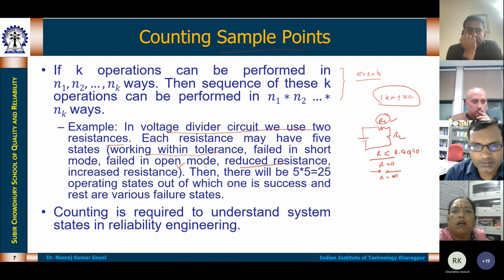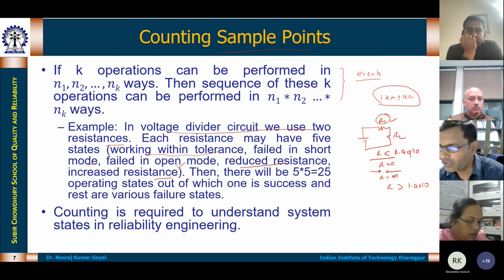If it is less than that, we'll call this reduced. Increased resistance means resistance is greater than 1.010 kilo, right?